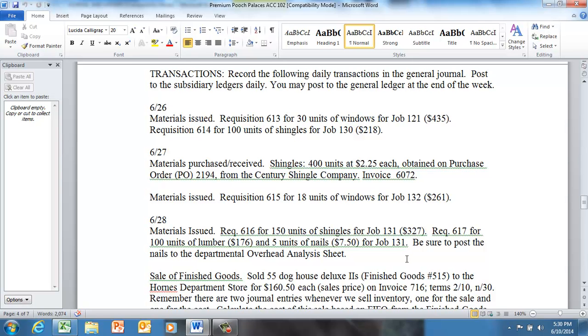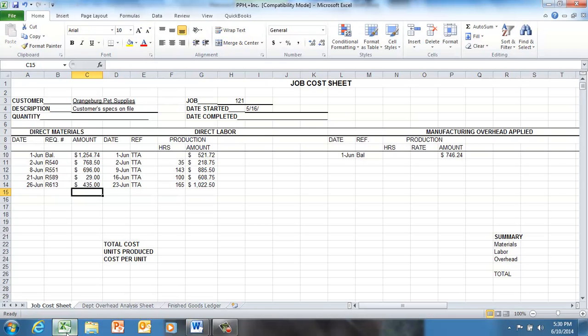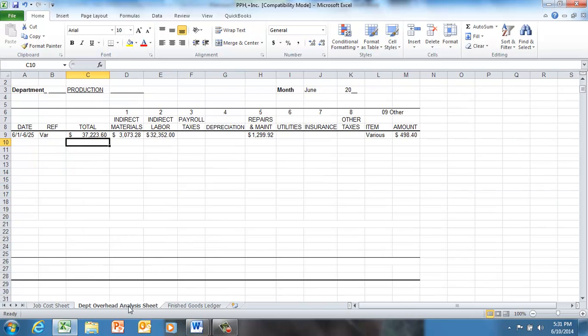Now, of course, the direct materials of the 176 would then go on to the job cost sheet for job 131, just like we just showed you how to do that. But the $7.50 for the overhead, every time you debit overhead, we also have to put that into the overhead analysis sheet. That's on your second tab in the Excel sheets.